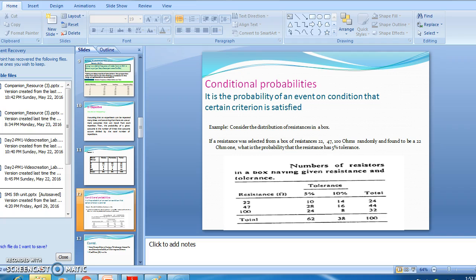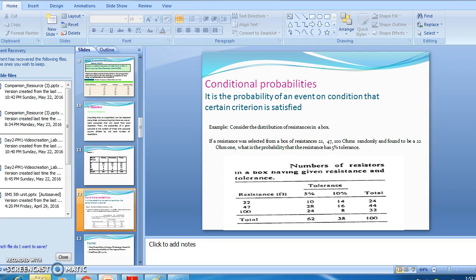In this, 28 are 5% tolerant and 16 are 10% tolerant. Then we have 100 ohms resistances, 32 in number. In this, 24 resistances are of 5% tolerance and 8 resistances are of 10% tolerance.